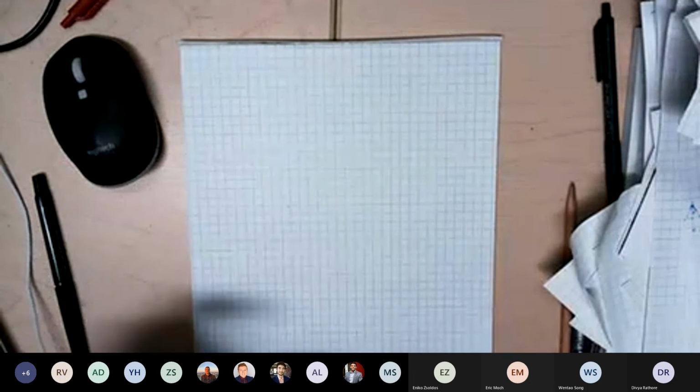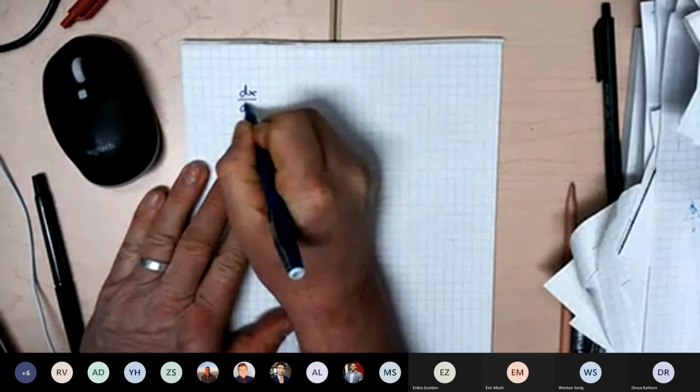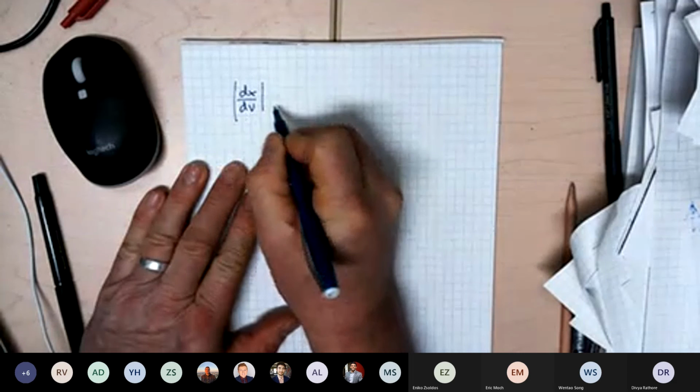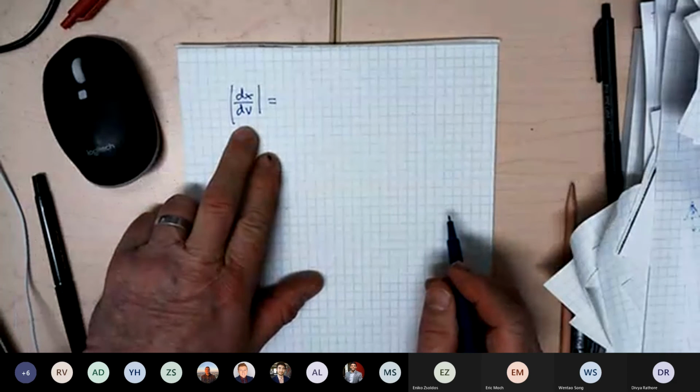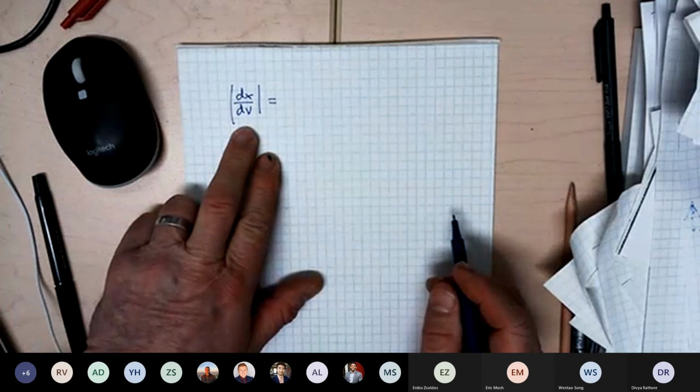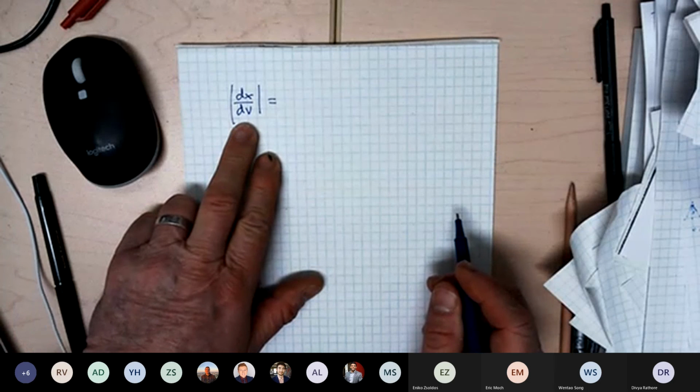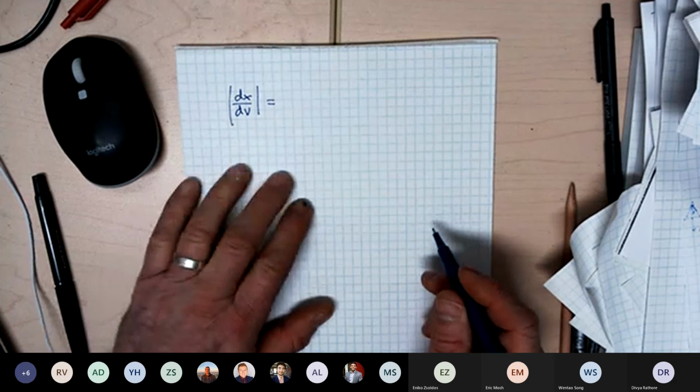Okay, so I showed you last day that the differential capacity, and I didn't give you the magnitude of it, but I'm giving you the magnitude of it now because the quantity itself is a negative number and I want a positive number.